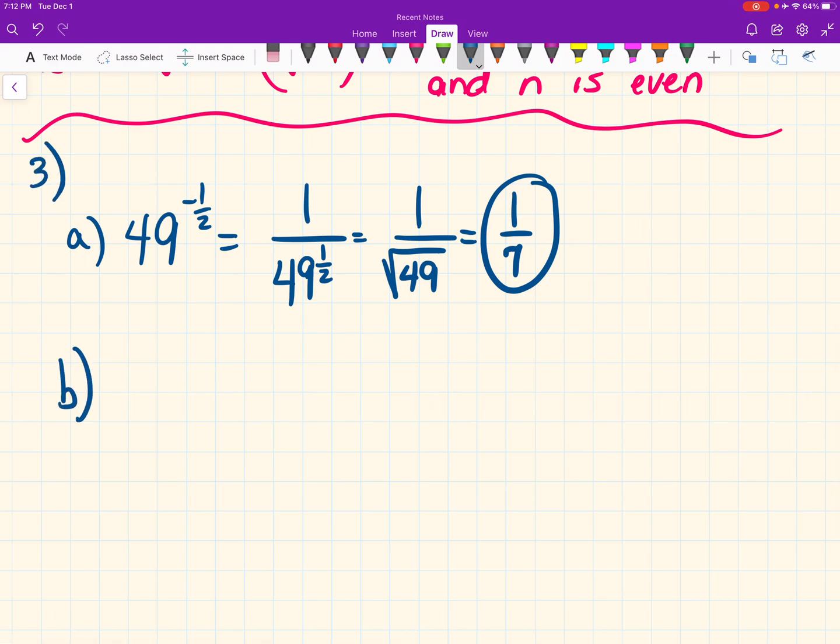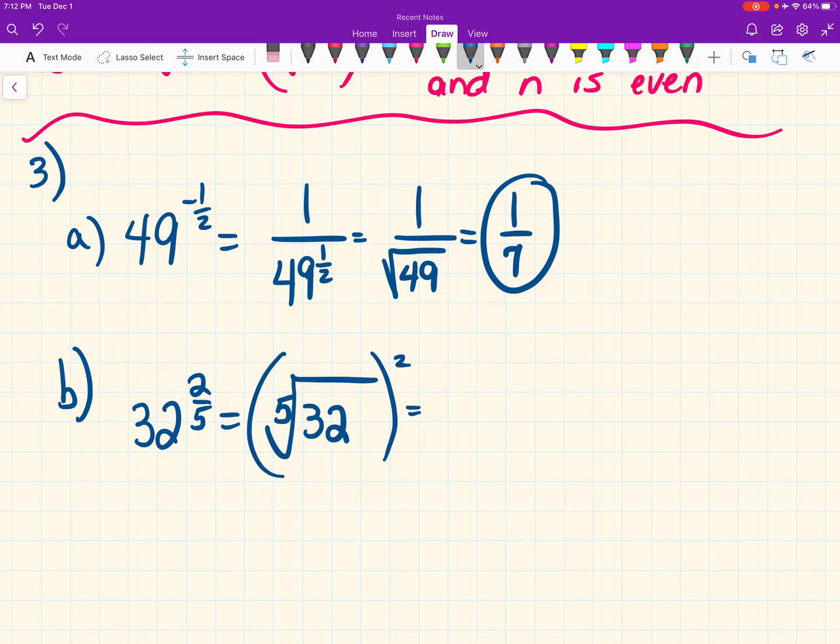And then B, 32 to the 2/5. Well, there's a couple ways you could write this. Our index is 5. 32 is what's in the radical. Now, we could put the square inside or outside. I'm going to put it outside, and here's why. We're going to do the 5th root of 32. Well, 32 is 2 times 2 times 2 times 2 times 2. And then we're going to square the results of that.